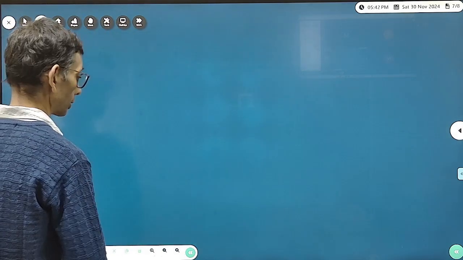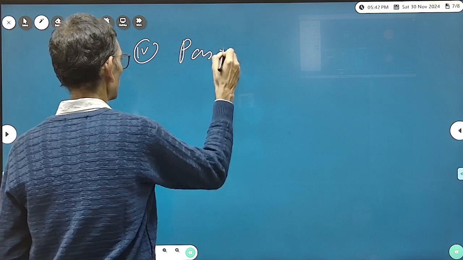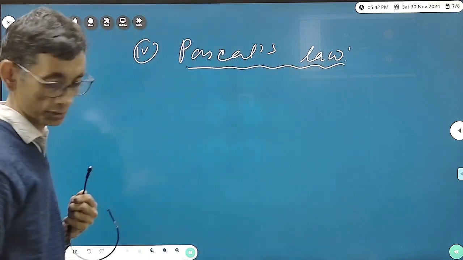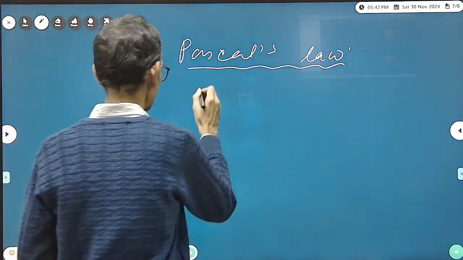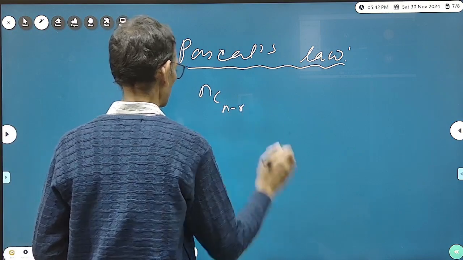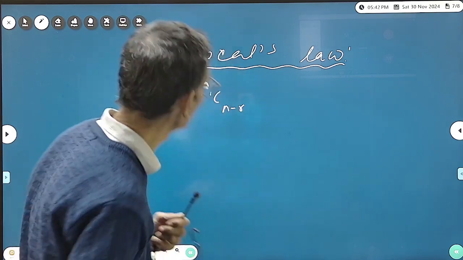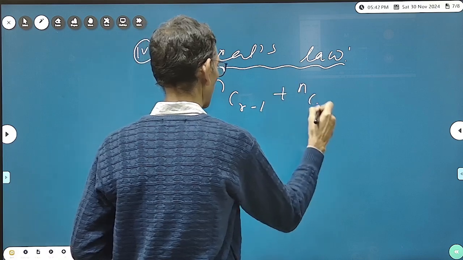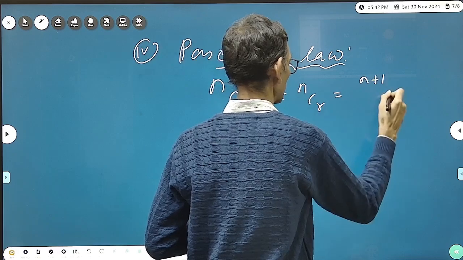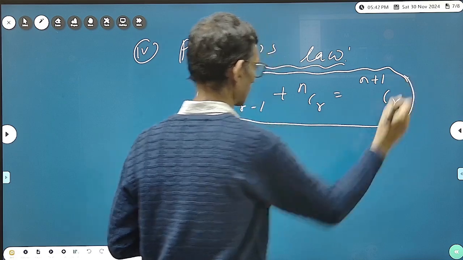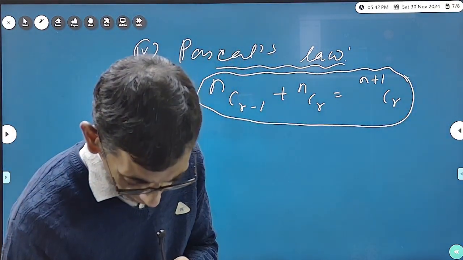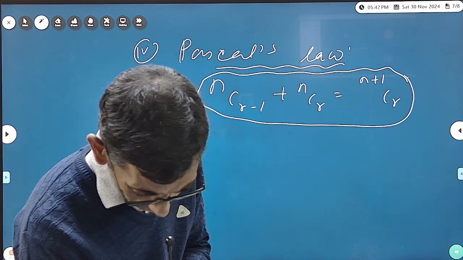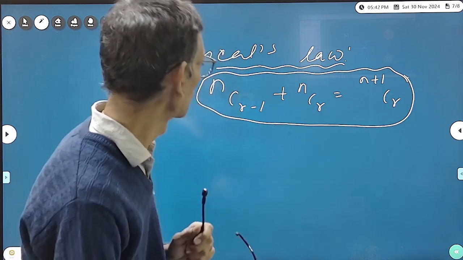Next, Pascal's law. It is used a lot in questions. Pascal's law: nC(r minus 1) plus nCr is equal to (n plus 1)Cr.